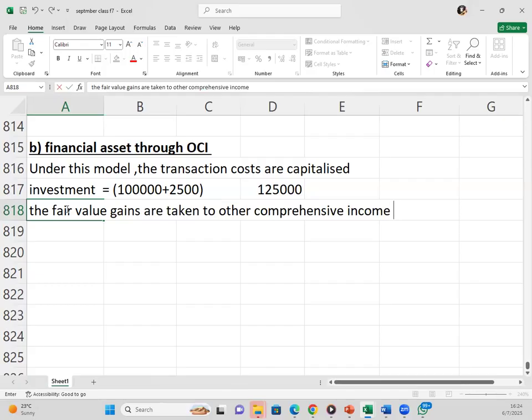So if there are fair value gains, that gain, like the 15,000 we calculated earlier, is taken to other comprehensive income.